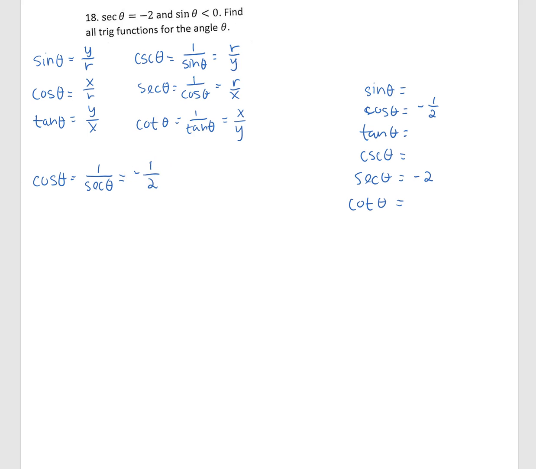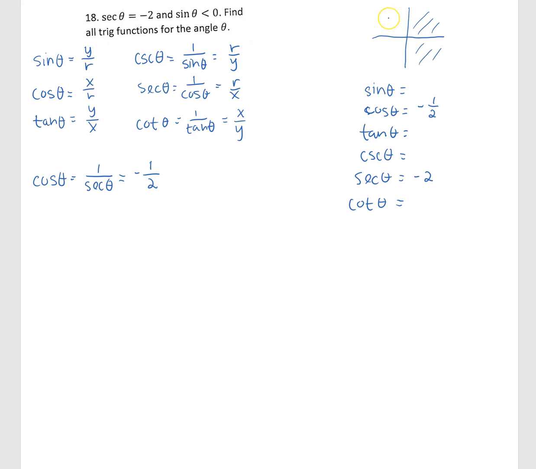So we have a -1 for x, which means that in our coordinate plane, we are on either this quadrant or this quadrant, where x is negative, so not over here.